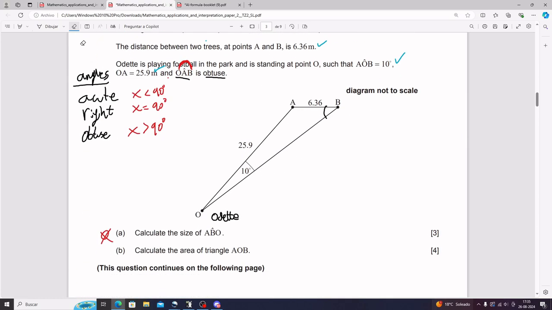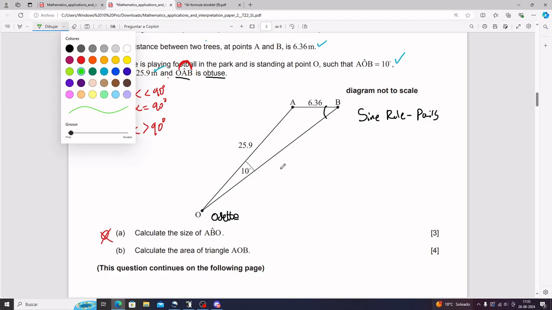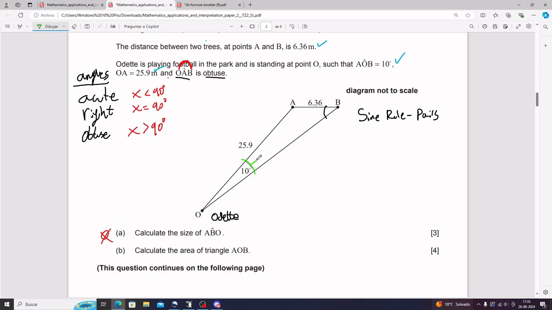See? So this guy online told you first try sine rule. He also told you that for sine rule, it works in pairs. So do you have a pair here? We'll take a closer look. Technically, this angle here is associated to that side there. So check, I have at least one pair. And the angle that you're trying to find over here, which we will call X, has associated to it that side here.